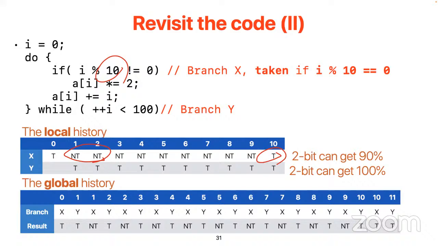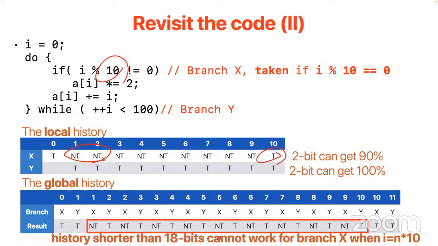And for the global history one, the pattern is actually this long, right? So you definitely need something longer to get this correct. Although the pattern here seems pretty well behaved, and for everything like this the global history could make a good prediction, for this one that's really not something the global history one could help.